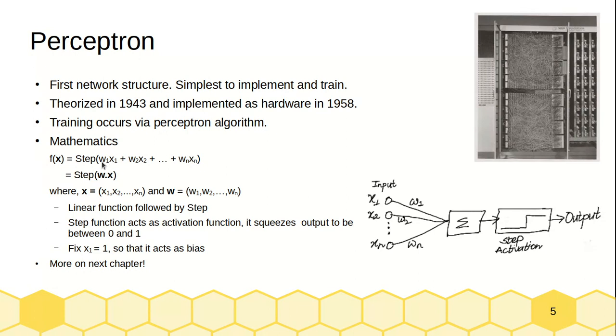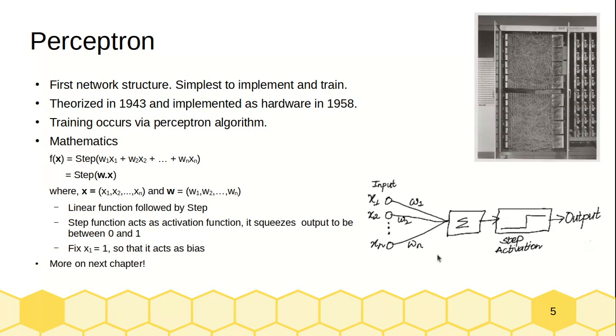It has a very simple mathematical structure. Basically, we take two vectors, w and x, where x is a bunch of inputs and w remains the same for different inputs, and we do the dot product. We multiply each input with the corresponding weight, sum them together, and apply a step function to get the output.